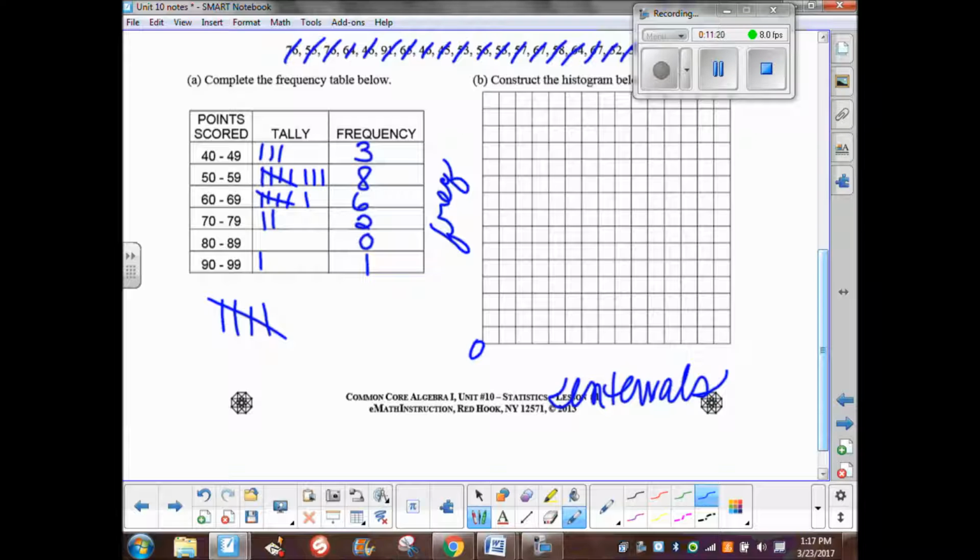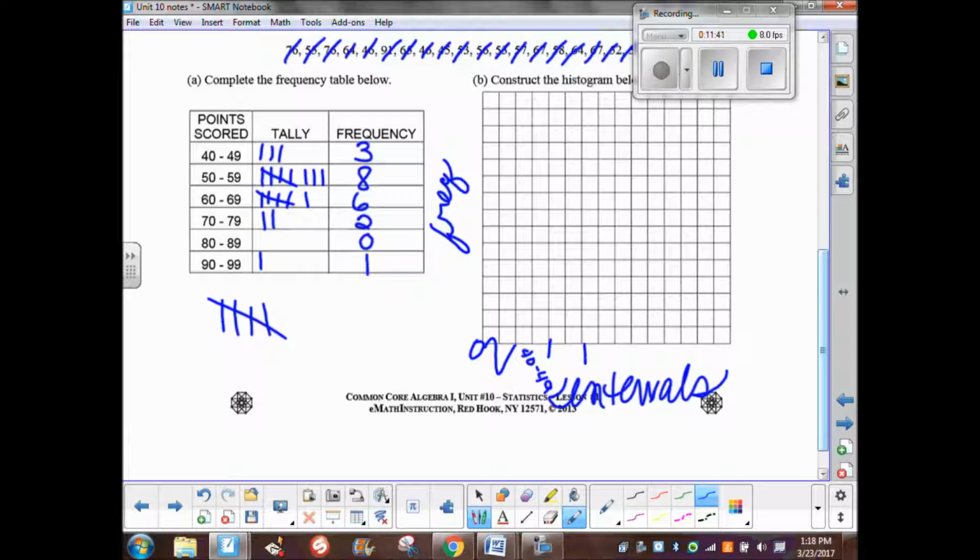I think we could use an interval width of 2 boxes. To account for nothing between 0 and 39, we put that little break in the graph, and then we can start our first interval from 40 to 49.